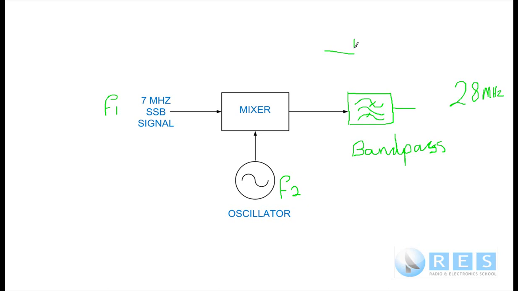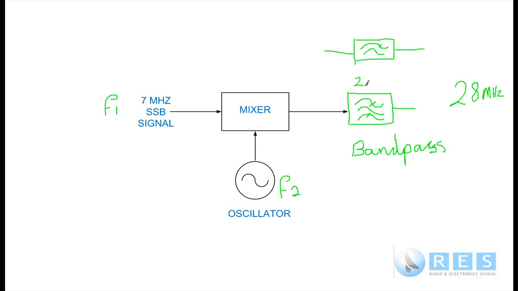A low pass filter, I'm going off the track here, but it's just a good time to show you. A low pass filter, two sine waves, and we put a cross on the top one, so it's blocking high frequencies and passing low ones. That's a low pass filter. A high pass filter, we would put the cross on this one and it would show that it was passing high frequencies and stopping low ones.